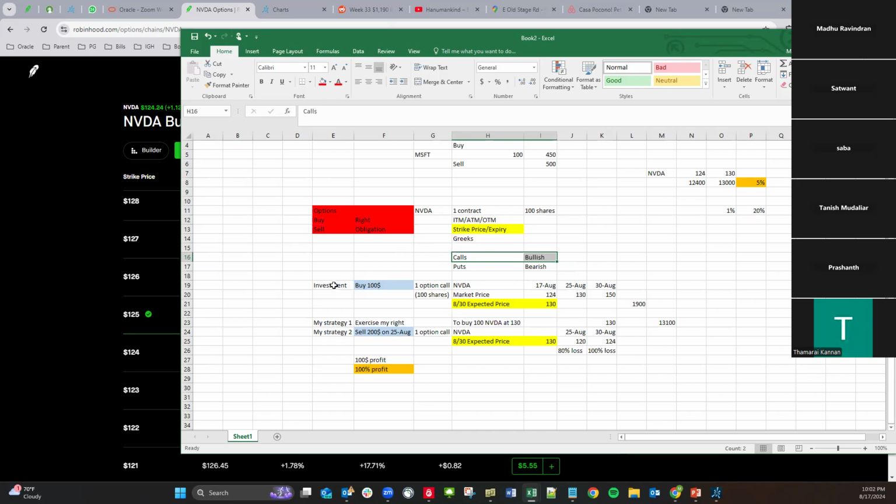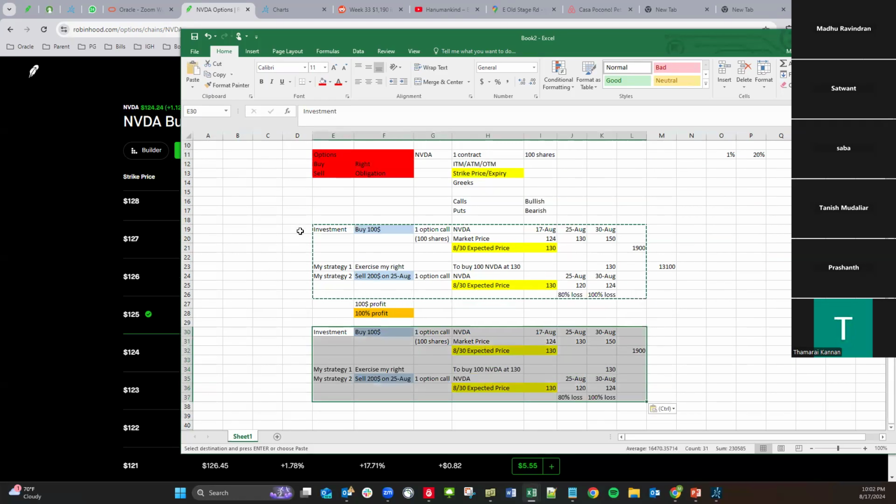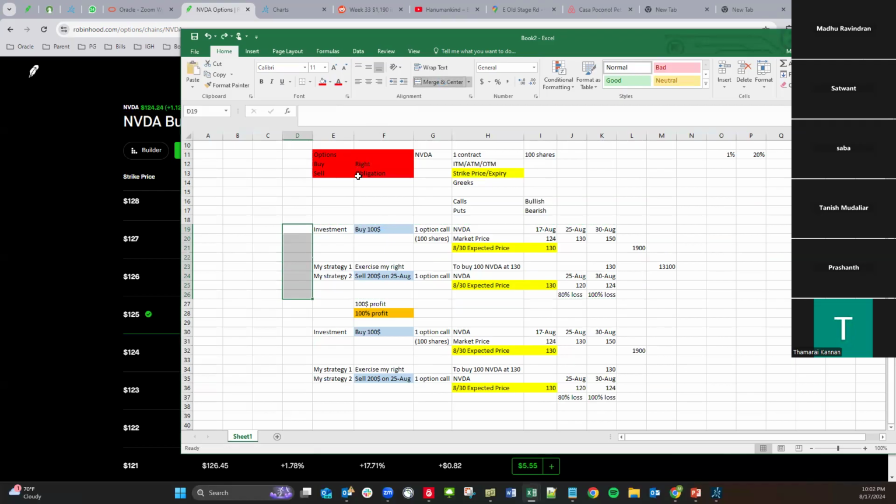So whatever we explained here is this strategy where it is bullish. Let me do the same thing as a put option. Put is my bearish strategy, where I'm expecting that the stock price will go down. In this case, almost everything remains the same.